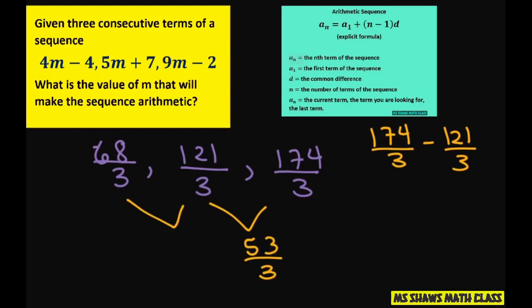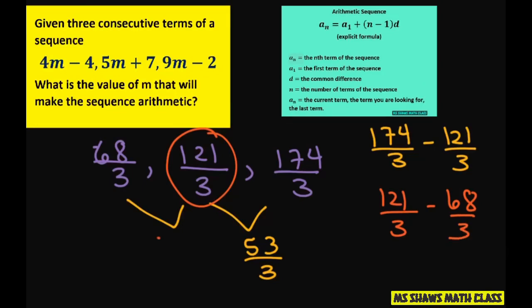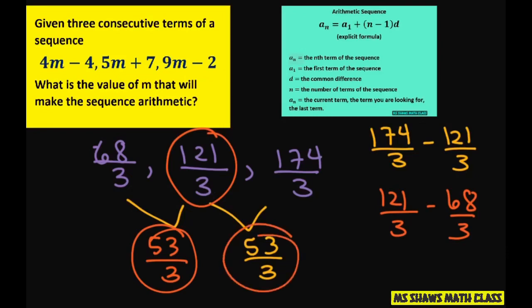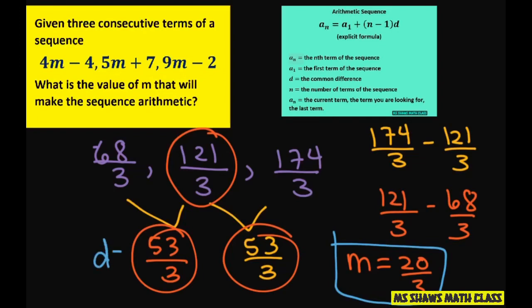If you subtract 121 divided by 3 minus 68 divided by 3, I also get 53 divided by 3. Since we do have a common difference, that means my m, which was 20 divided by 3, is the correct answer. That's your m, and your d equals 53 divided by 3.